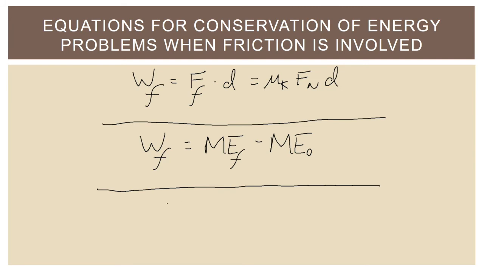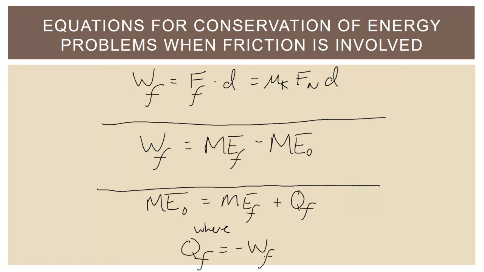And the other equation is to say the initial mechanical energy is equal to the final mechanical energy plus the heat, where the heat is equal to the negative of the work done by friction. Depending on exactly how the problem is set up, you can use any of these equations, obviously depending on what's given, but this list is pretty definitive. Take a second to pause this video here and write that down. And when you hit play, we'll take a look at one last problem here before we go.